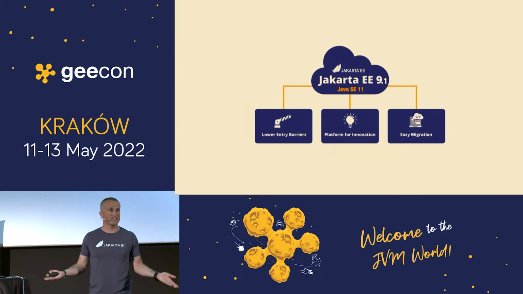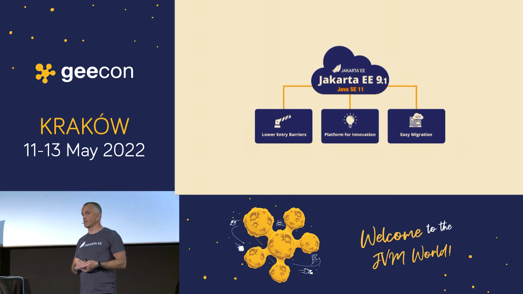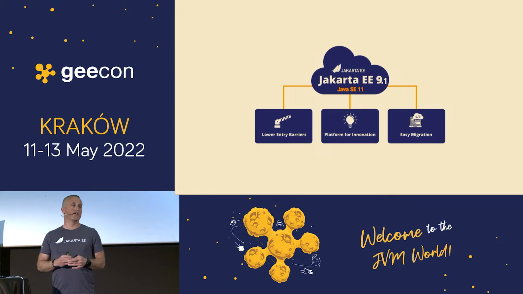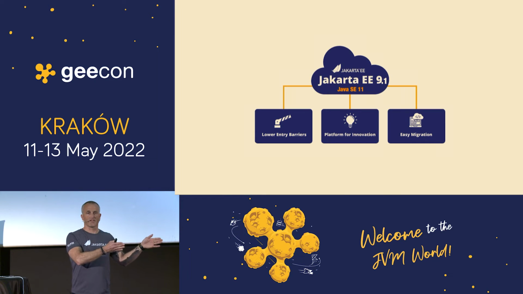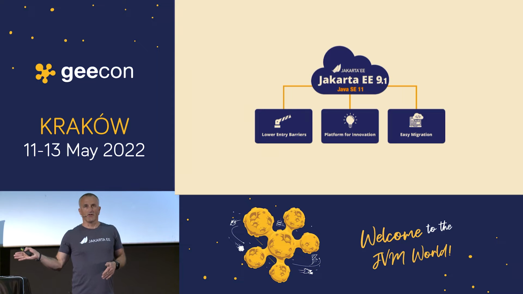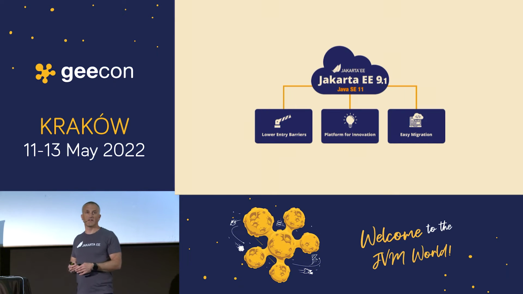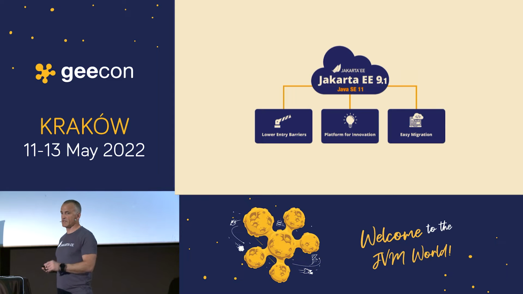The APIs are unchanged. They're compiled to Java SE 8, but we're making sure that it runs on 8 and above. By doing that, at the time, Java SE 11 was the latest LTS release. There are also implementations that are certified on 17, so it can definitely run on higher than 11. But 11 was the target there.